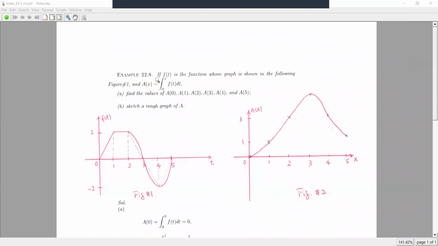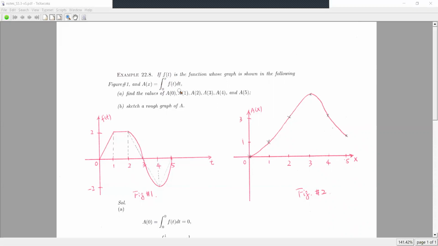Example 6. If f is the function whose graph is shown in the following figure number 1. Figure number 1 is here. This curve is the graph of the function f. Now, suppose A of x is this integral, the integral from 0 to x of the function f.